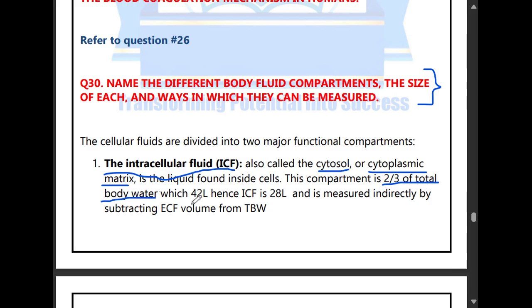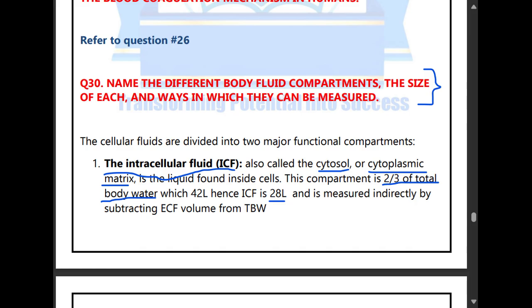Remember, total body water is 42 liters, so two-thirds is 28 liters. So ICF takes 28 liters, and the ICF is not measured directly.